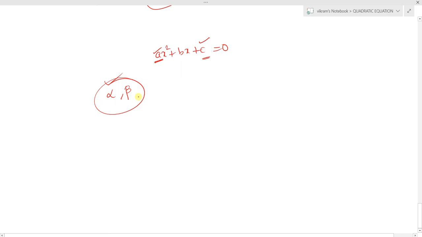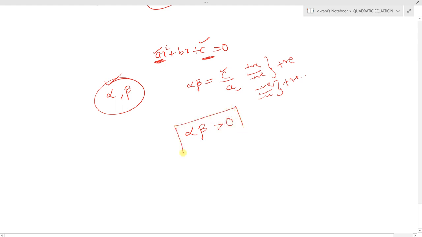The product of the roots, alpha into beta, is c by a. Now if a and c are both positive, positive by positive results in a positive, and negative by negative also results in a positive. So the product of the roots is always positive.